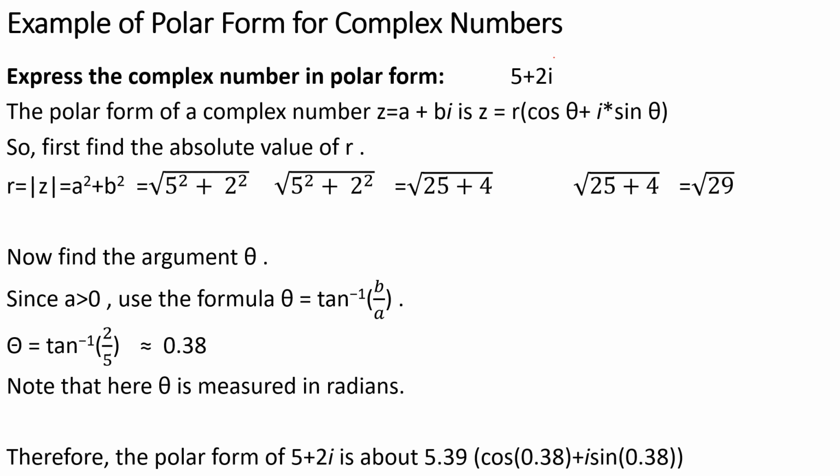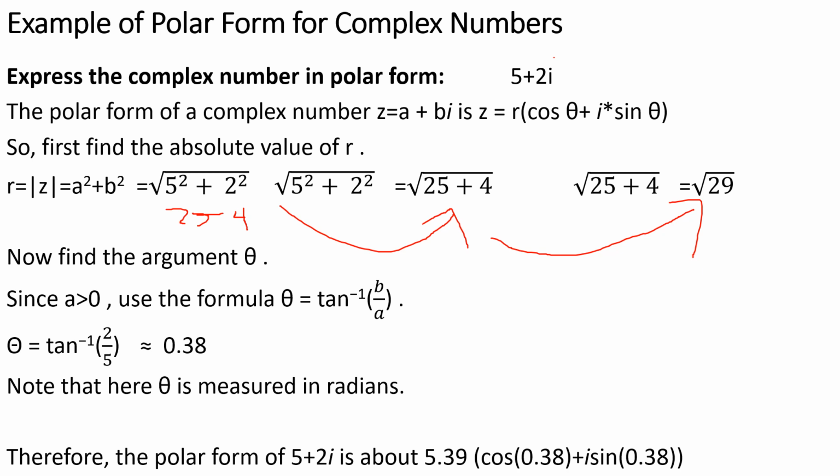Well, my 5 squared is 25. My 2 squared is 4. So a squared plus b squared is c squared. 25 plus 4, so my absolute distance is the square root of 29. And that's going to be bigger than 5, less than 6. Square root of 25 is 5, square root of 36 is 6.